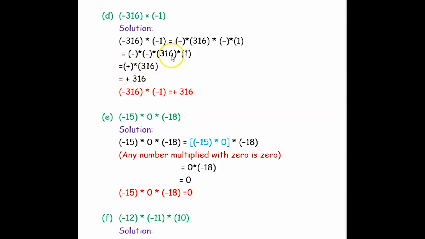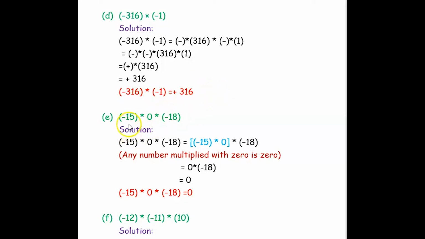Into, we can write 316 into 1. That is 316. So, positive into 316 is positive 316. So, here also we are multiplying two negative integers, that is an even number of negative integers. So, our result should be a positive integer. So, I am writing a positive sign and I am multiplying the integers. 316 into 1 is positive 316.